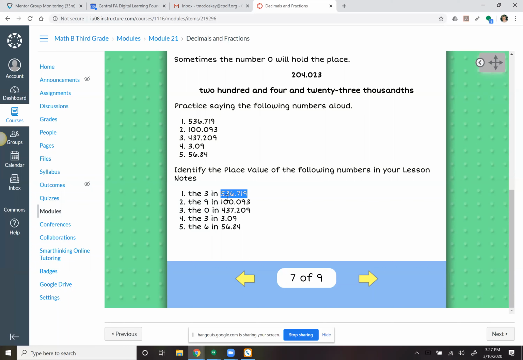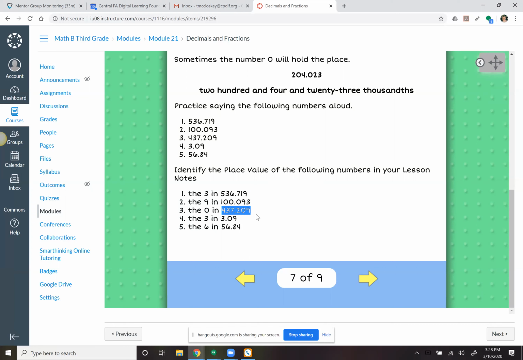The tens place. Good. All right. 193 thousandths. Where is the 9? In the hundreds. Good.